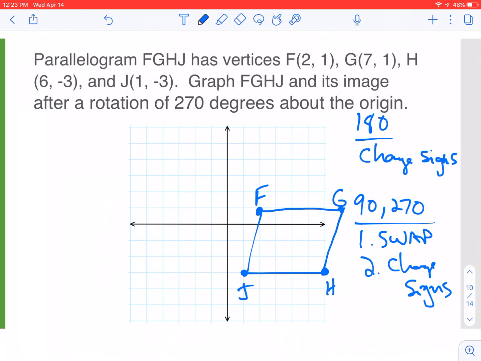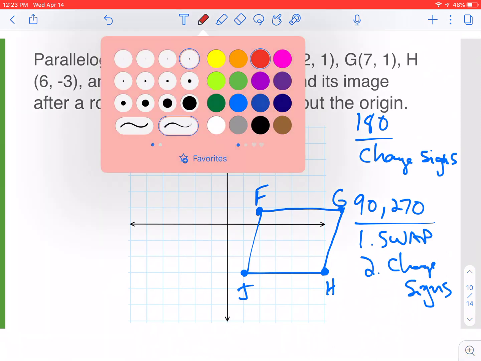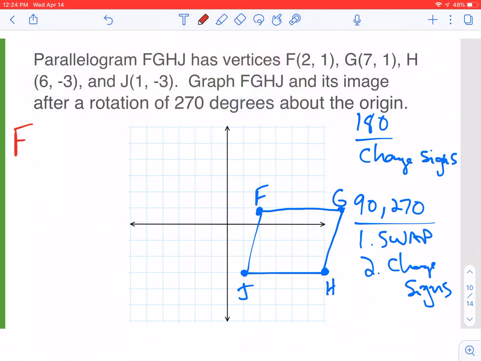Okay, let's look at F prime. For F prime, if I go to 270, for F, this would be 90, this would be 180, this would be 270. So I know that this is going to be a positive, comma, negative point when it ends up there. Okay, so I know it's going to be positive, comma, negative.